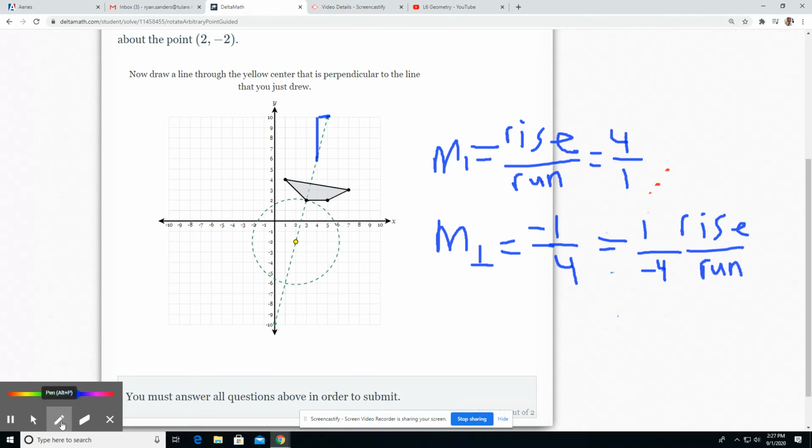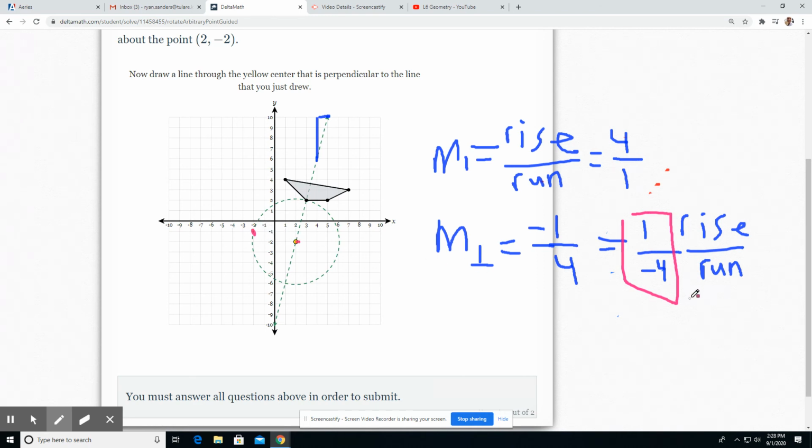All right, I'll go ahead and change the color here. I'll start from our center of rotation, and let's use this one this time. So I rise +1, and I run -4. 1, 2, 3, 4 is what I got.